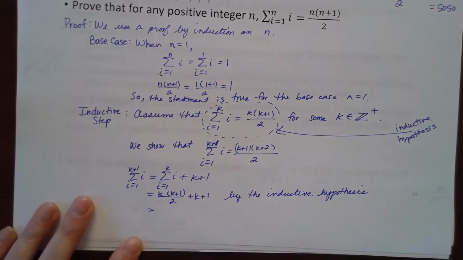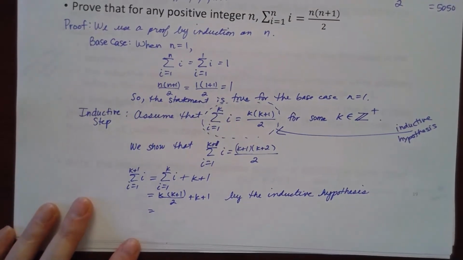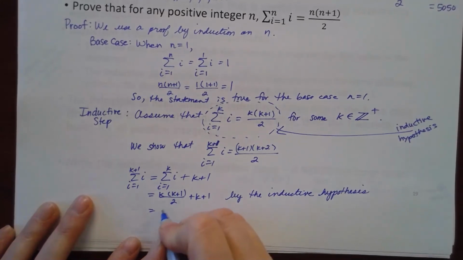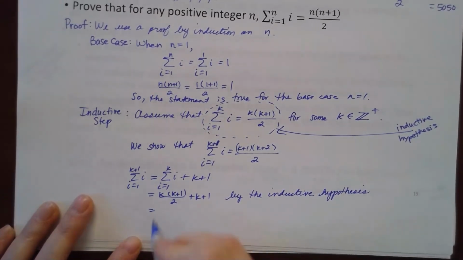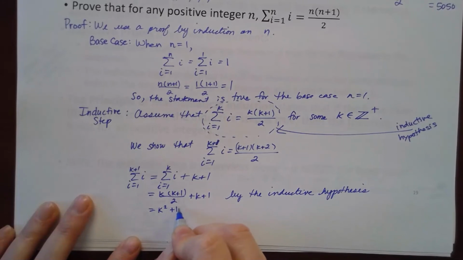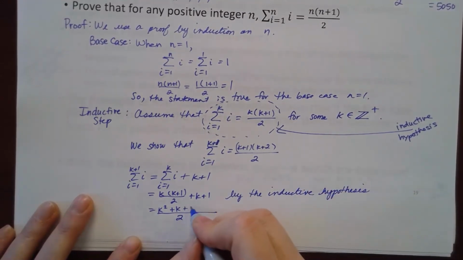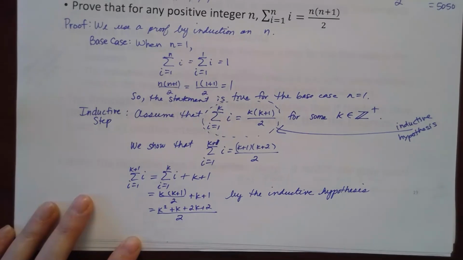All right, so now I want a nice, single fraction. Let's do a little bit of algebra on this. Let's distribute the k. This would be k squared plus k. For a common denominator of 2, I'd have to multiply this one by 2 over 2, so this would turn into 2k plus 2.